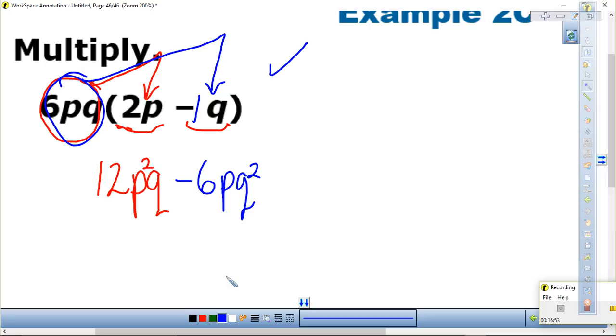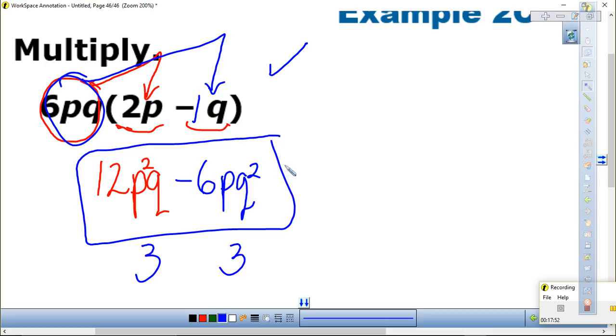Matthew, can we combine those? Why not? Because they don't have the same variables. They do have the same variables, but the exponents differ, so they're not like terms. Does everybody agree with that? This one is P squared Q, and this one's PQ squared. What are the degrees for each term? 3 and 3, so therefore, we're done.